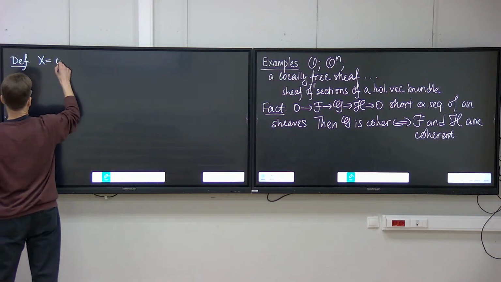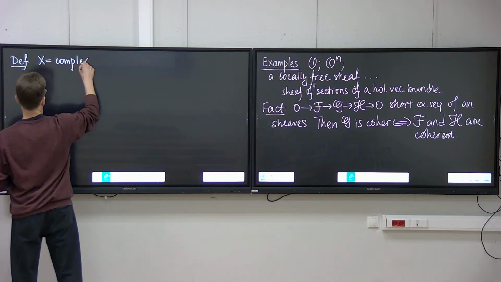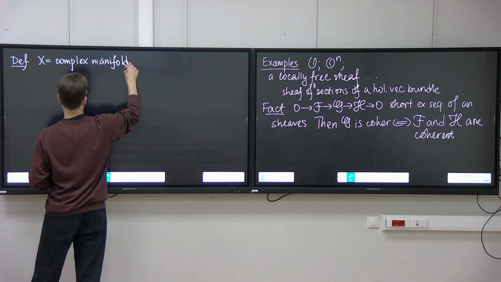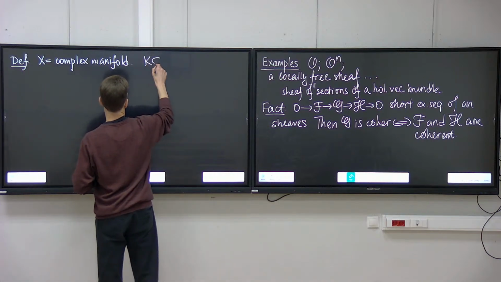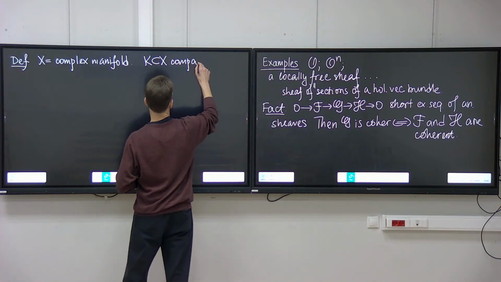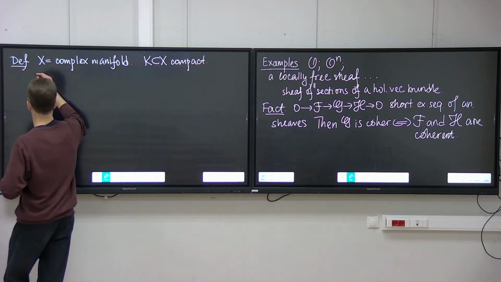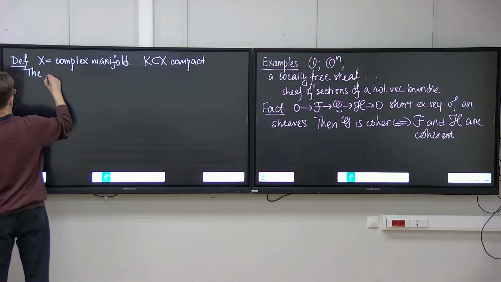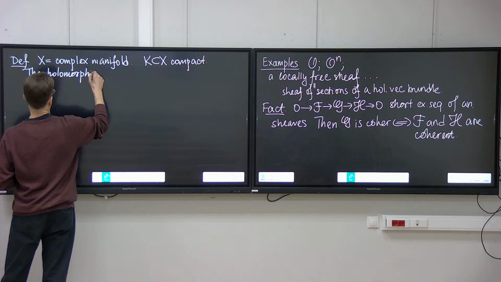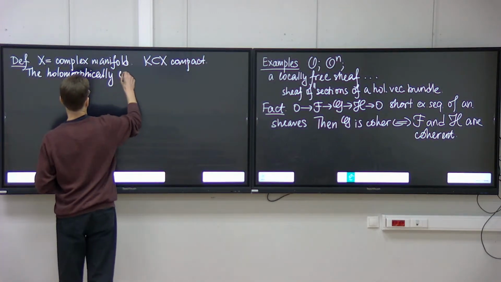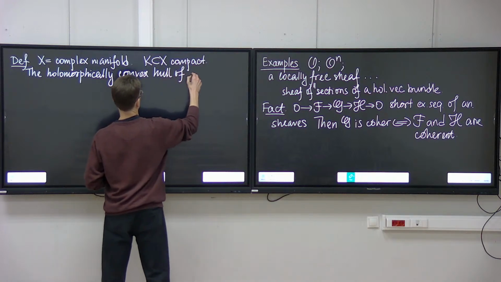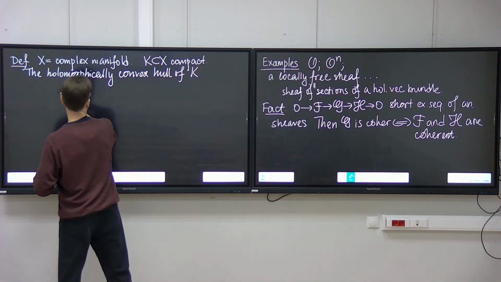Suppose that X is a complex manifold, and K is a compact subset of X. We define the holomorphically convex hull of K as follows.